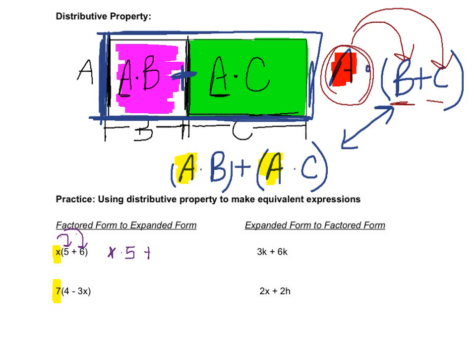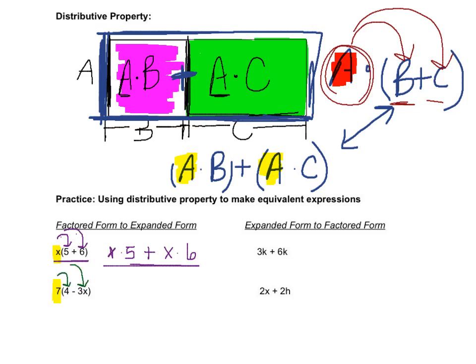The addition sign stays, and then I share the X with the 6. So this first part is factored. This second part is expanded, and it's expanded because it's longer, so that's what it means to expand, to stretch out.